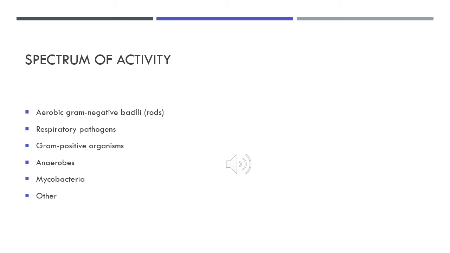Just to make it a little more confusing, delafloxacin is also active against MRSA. We don't use it very often for that, but just as an aside. So I'm not mentioning drugs like Cipro. Ciprofloxacin has very limited or no activity against gram-positive organisms.